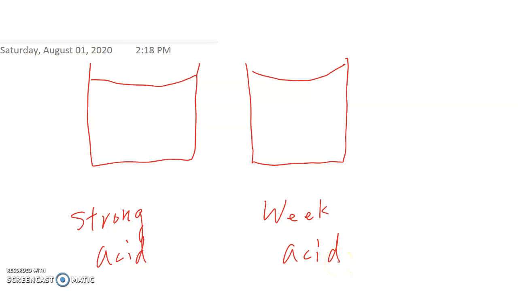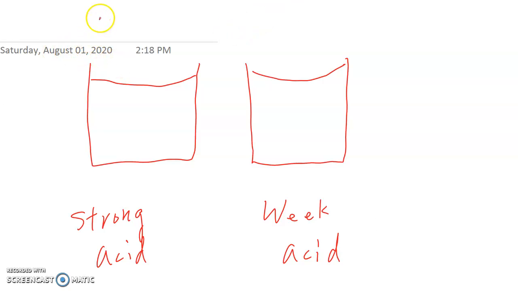Before I give you more information, let me ask you this. Do you think the acid on the left will be more acidic than the acid on the right? You may say yes, because I'm putting a strong acid in it. But in reality, it is not necessarily so. Why? Let me put it this way.